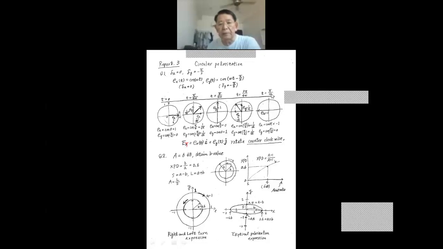At t equal pi divided by omega, the angle becomes pi, so Ex is minus 1, and Ey is cosine of half pi, which becomes 0. So like this, as time passes, we get this vector, this vector, this vector. When time goes on, the electric field rotates counterclockwise.